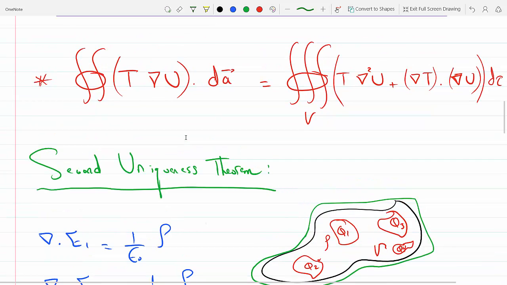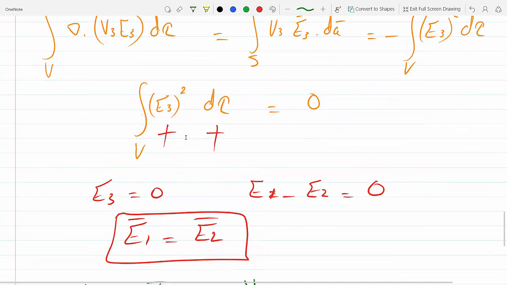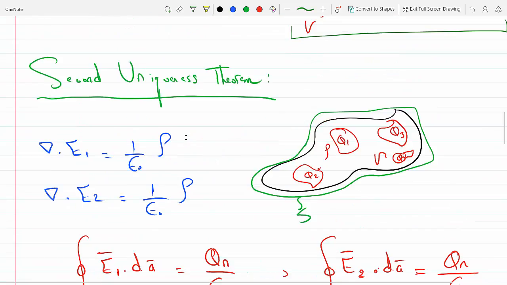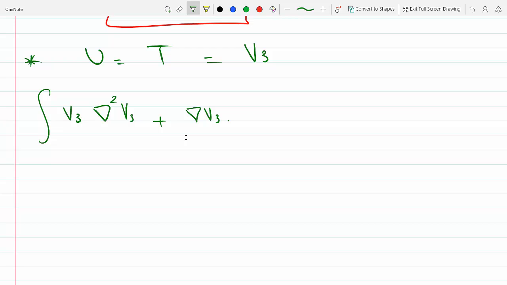On the right hand side, we replace every T and every U with V. So now, going a slightly different route than what Griffiths used, we're going to use Green's identity, and what we will get is V3 Laplacian of V3, plus, if you remember, this was U Laplacian T, so now since they're all equal, it's V3 Laplacian V3, and the second part was gradient T dot gradient U, which in our case becomes gradient V3 dot gradient V3 d tau.